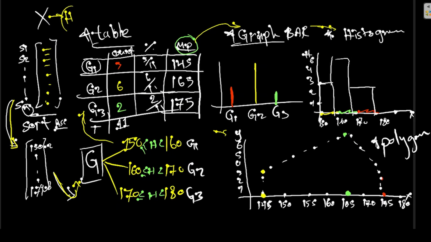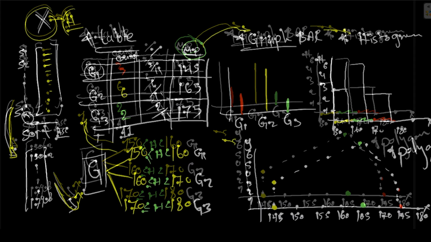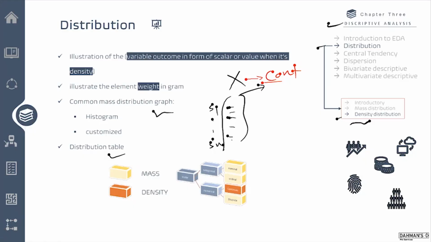Doing so helps you to visualize the distribution of variable x when it has a continuous value, such as height, for example. Now we have come to the end of learning about distribution, whether the values happen to be discrete or continuous. Next, we need to look at how we can capture central tendency. That's exactly what we'll do next. I will see you then.